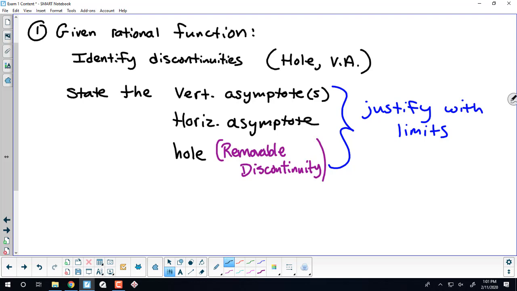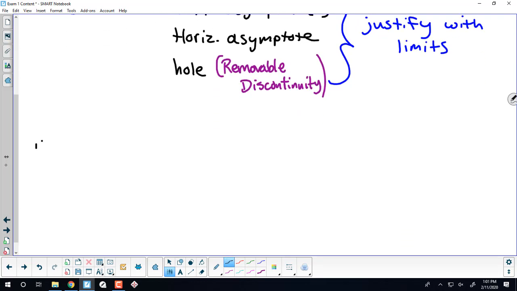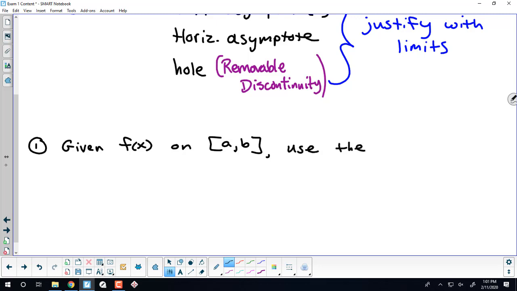There's going to be one question where we have to use the intermediate value theorem to determine if a solution exists. So you'd be given a function on a closed interval from A to B, and we want to use the intermediate value theorem to determine if there is a solution.